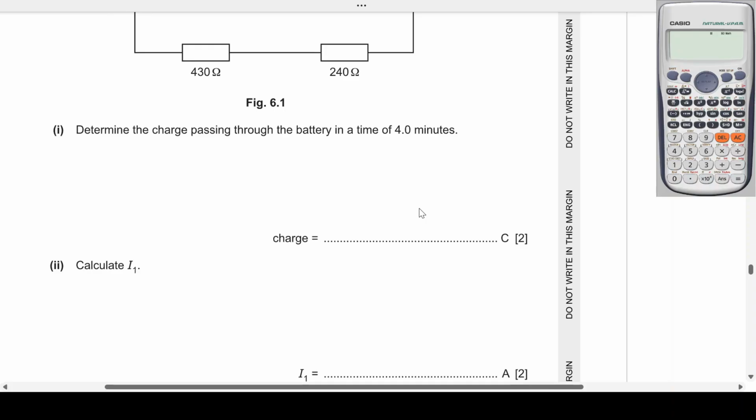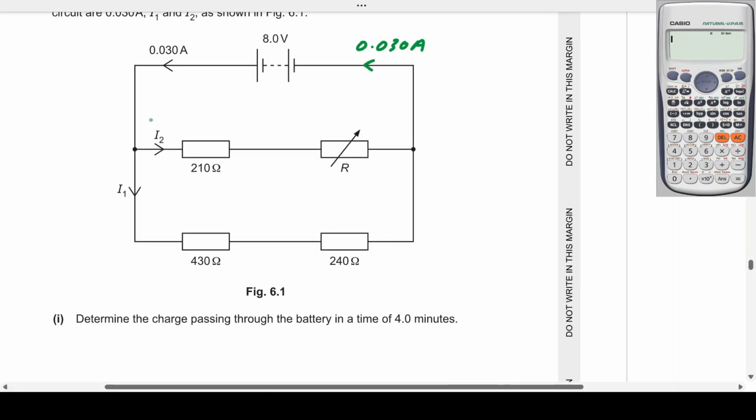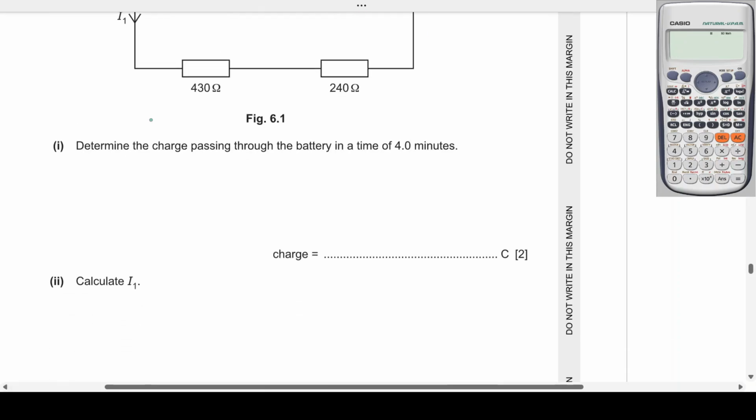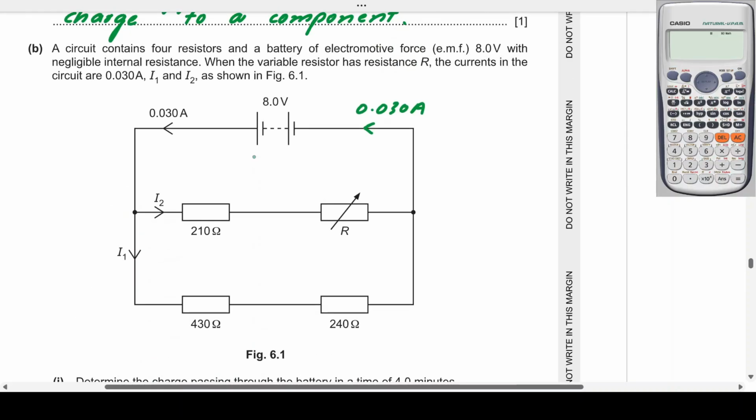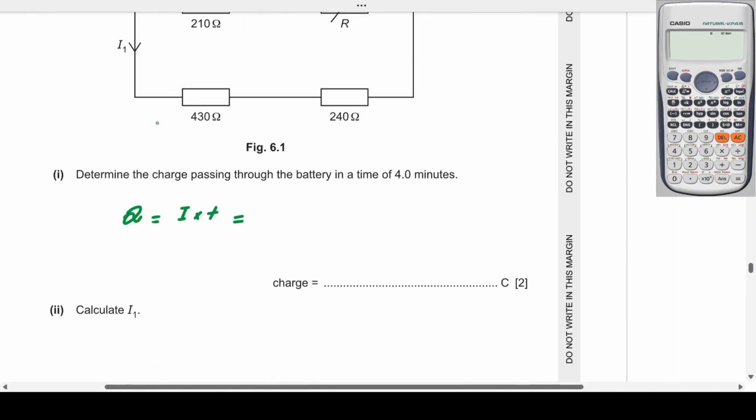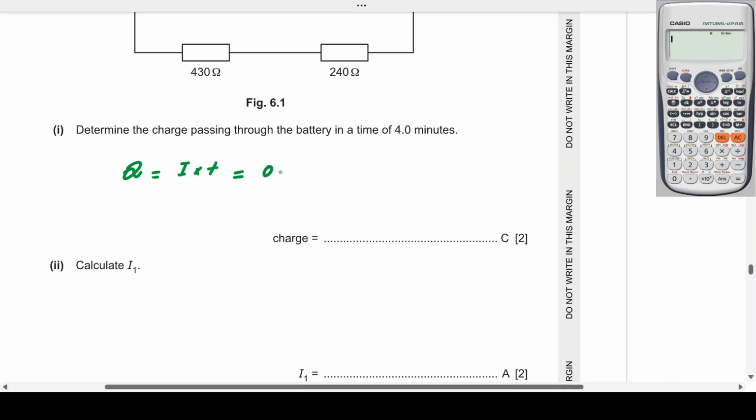Determine the charge passing through the battery in a time of 4 minutes. Charge passing through the battery. Q equals to I into T. What is the current flowing through the battery? 0.030 into 4 minutes means 4 into 60 seconds.